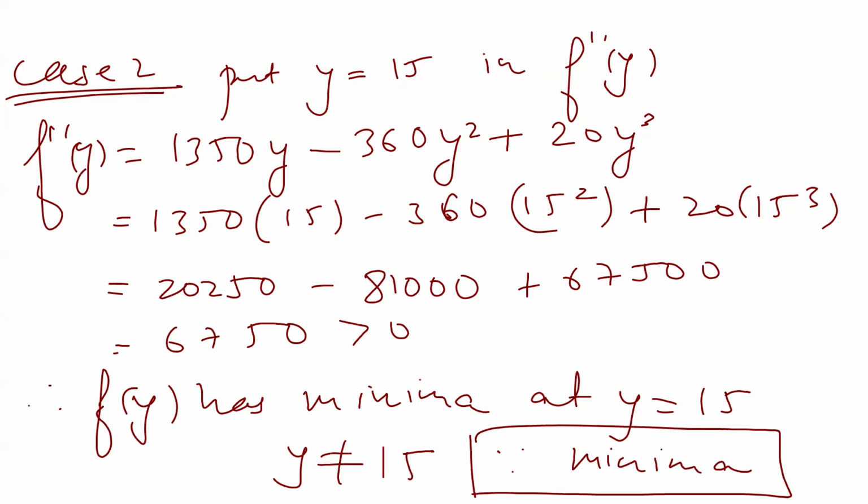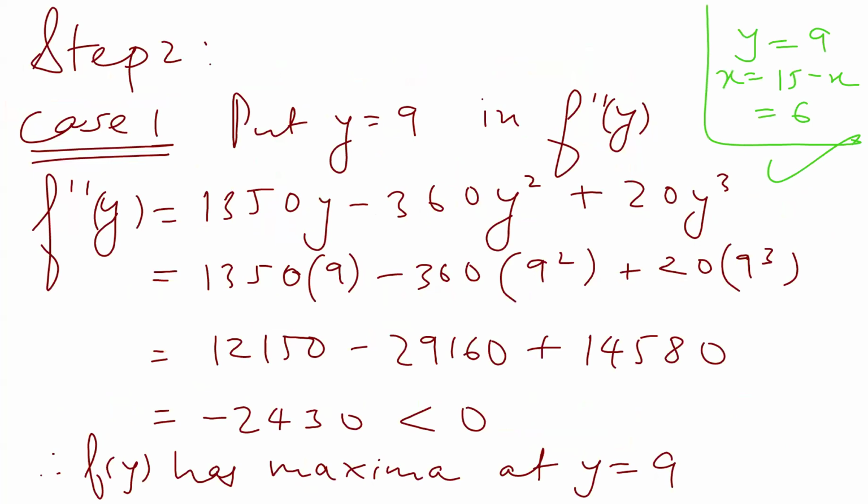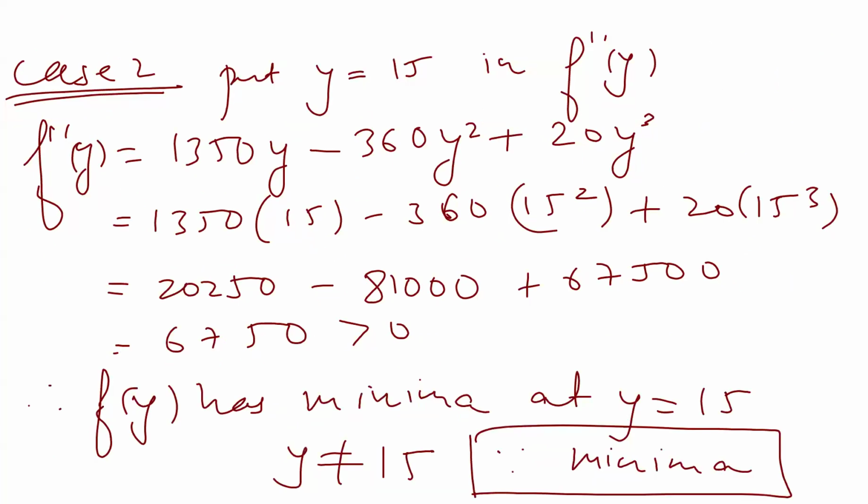And as per case 1, the value of y is 9 and the value of x is, let me go back, 6. Now as per case 2, if you put the value of y as 15, and if you don't want to do all this, you'll get the value of x as 0.